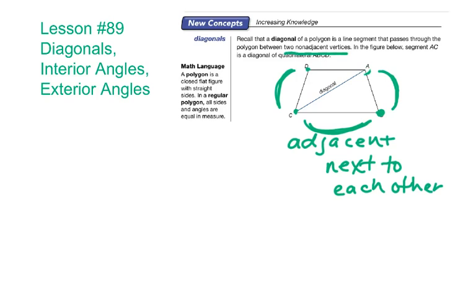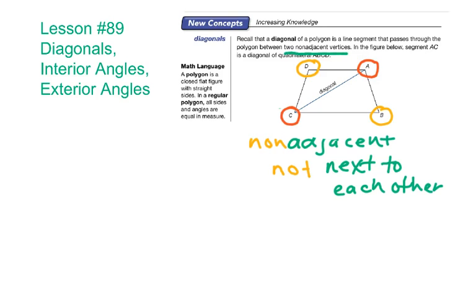Our non-adjacent vertices would be the ones that are opposite sides, right? A and C are non-adjacent. D and B are our non-adjacent vertices because they're not next to each other.